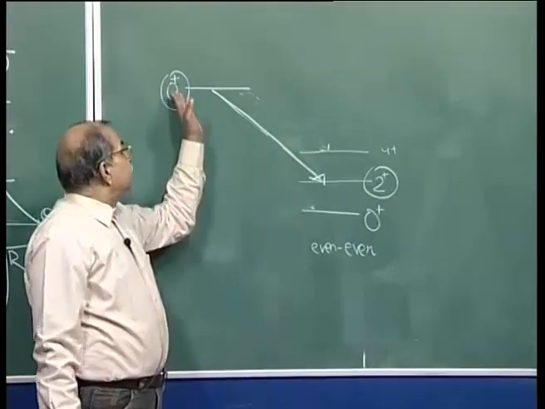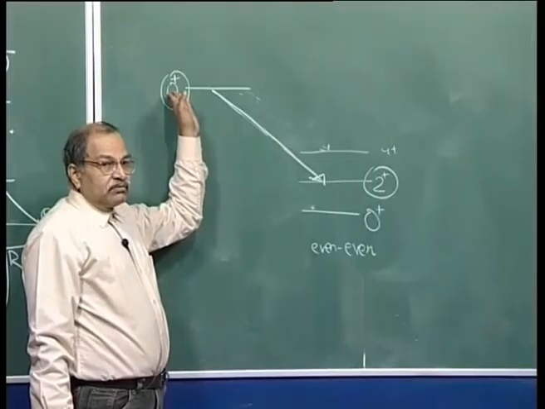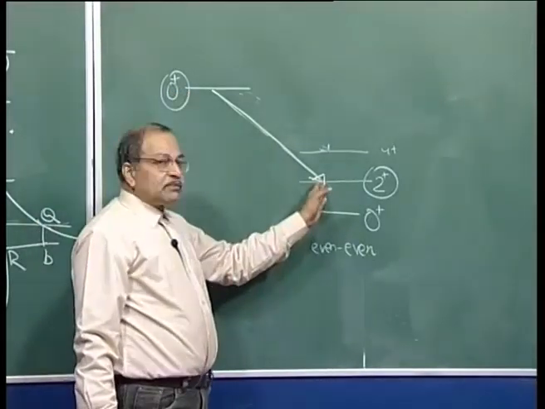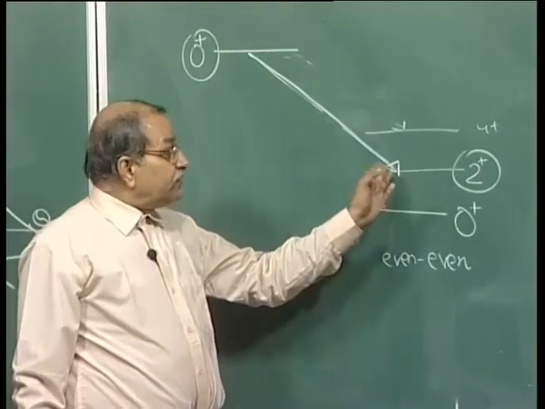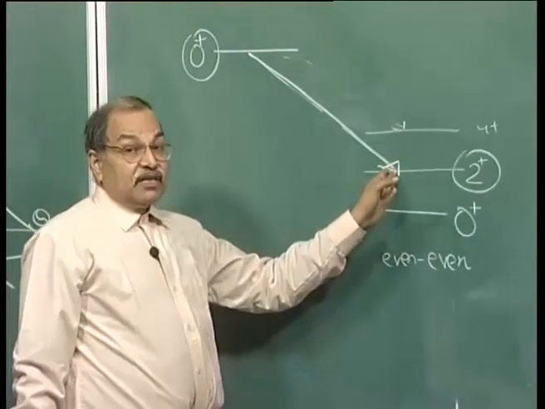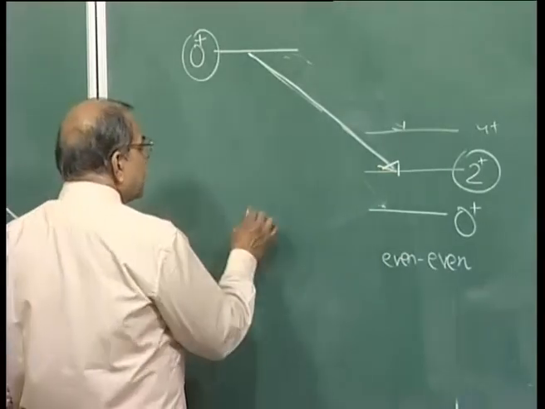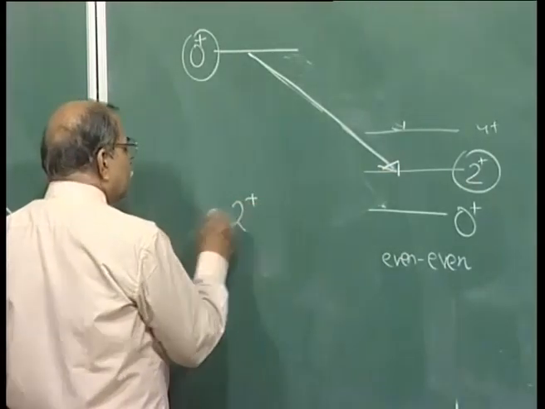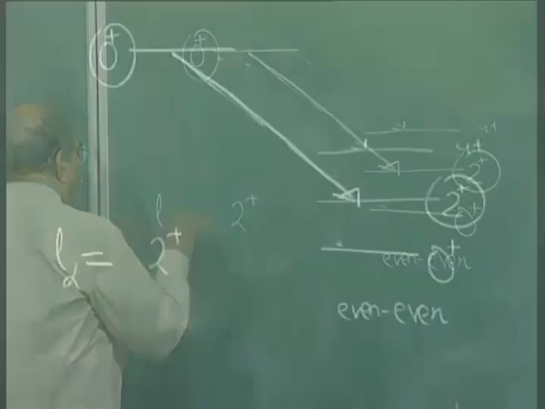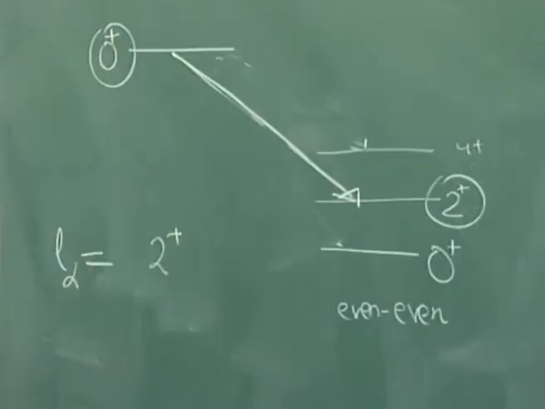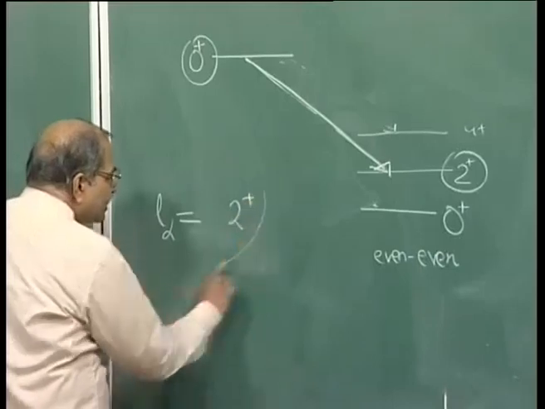Here the angular momentum was 0 and here the angular momentum is 2, and then you have the angular momentum of the alpha particle also. So, what should be that alpha particle angular momentum? That has to be 2 plus. So, that alpha particle must have this angular momentum 2 plus. What is the effect of that?